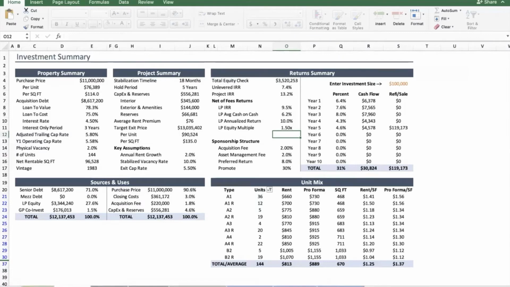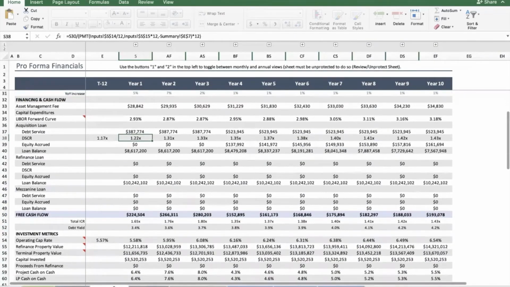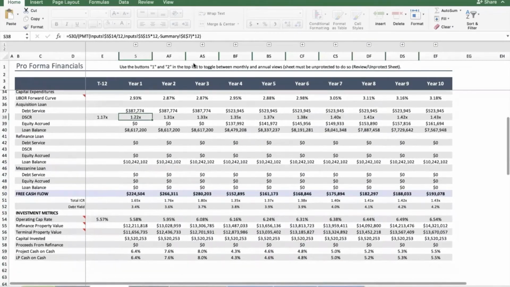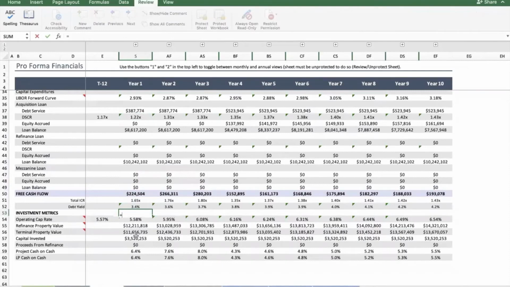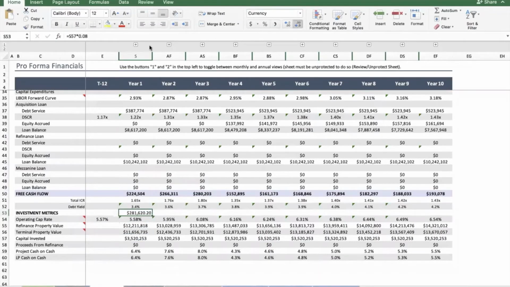So what we'll do is I'll just do some quick math here, and I will unlock the spreadsheet really quickly, and I'll just input what the pref is. So we'll say, here's capital invested times 8%, right? Here's our pref. And I'm just a neat freak, so I'm just going to format all that.